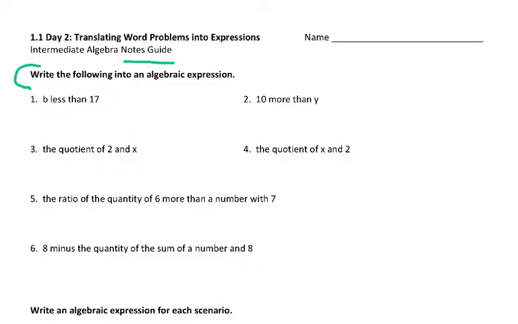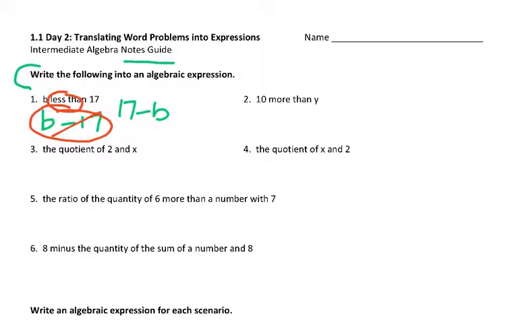It feels like it should be b less than 17, but it's actually going to be 17 taking away b. Because of the less than, we flip it around, and so we'll actually have 17 minus b. So b is less than 17, so let's take that b away.